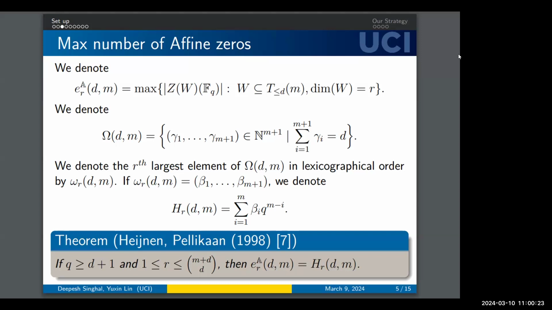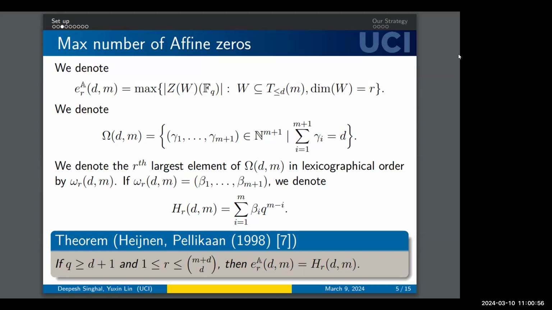Now to understand that, we start with this Omega_d^m. This is the collection of all the tuples of non-negative integers that sum up to d. There are finitely many such tuples, and we order these based on lexicographical order, and we pick the rth largest element here.